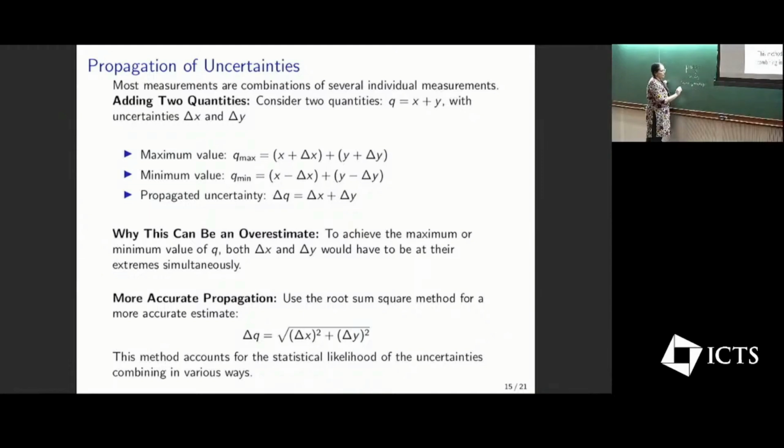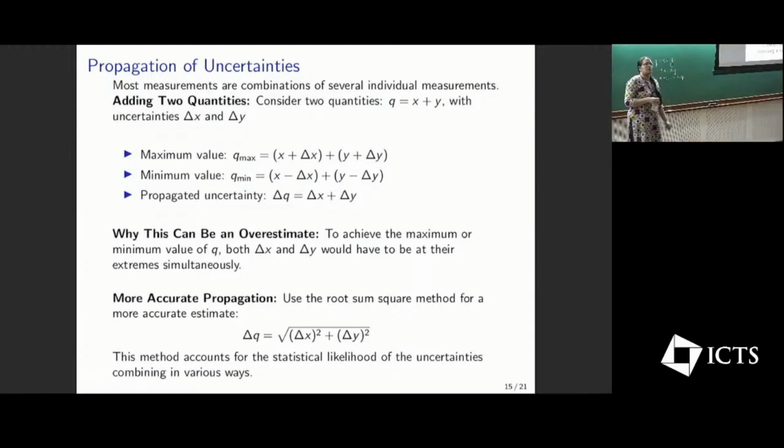And similarly, if I were to look at the minimum value, what's the smallest value that you can get of Q if it had these uncertainties? Yeah, so the smallest would be when both x and y are at their smallest values. So it would be x plus y minus delta x minus delta y.